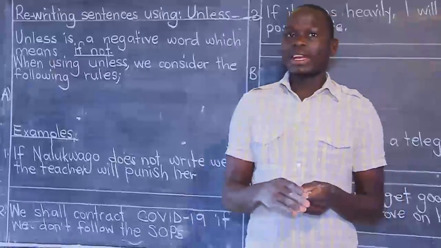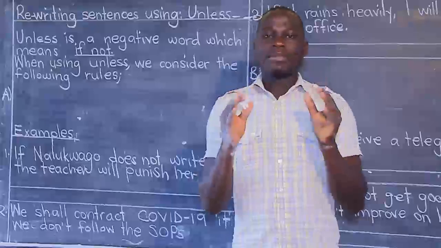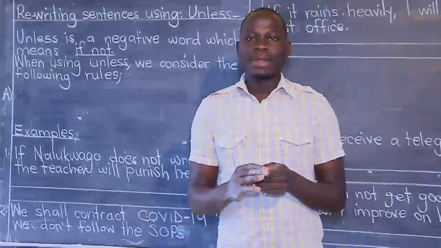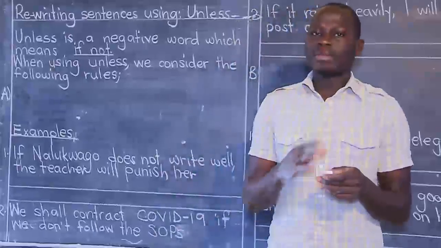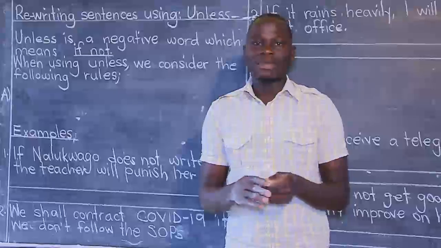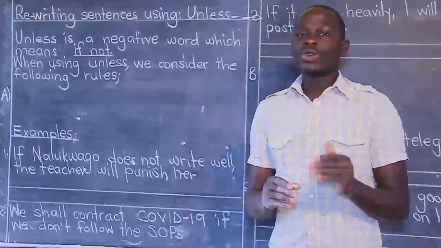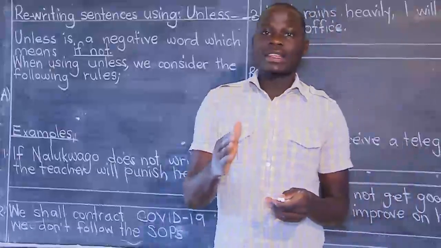We also looked at impossibilities: when you're expressing impossibility, you use were, not was.